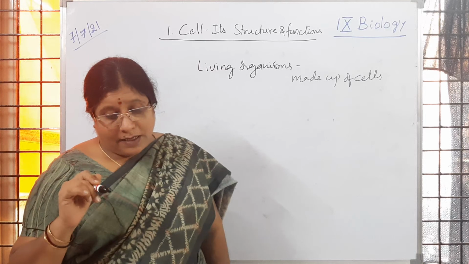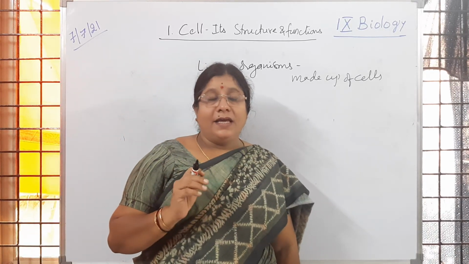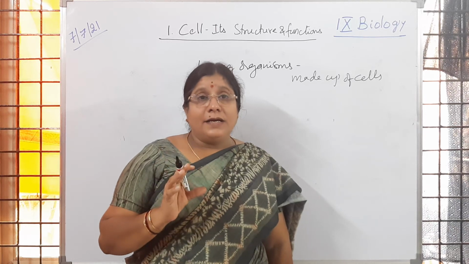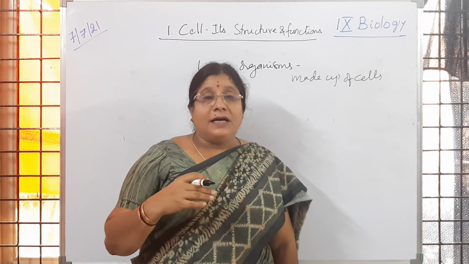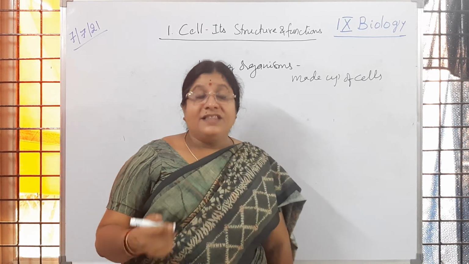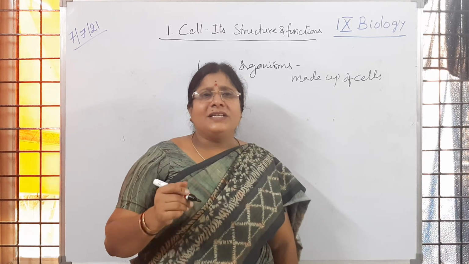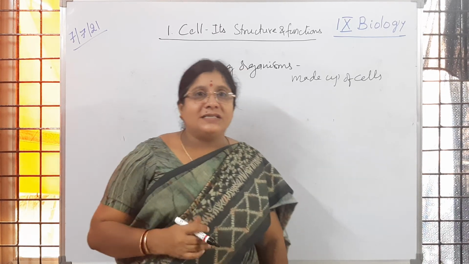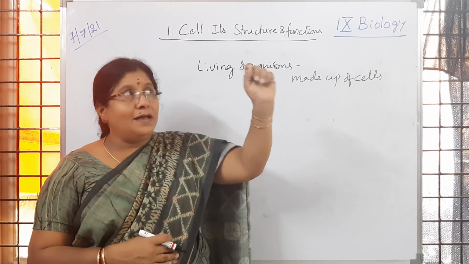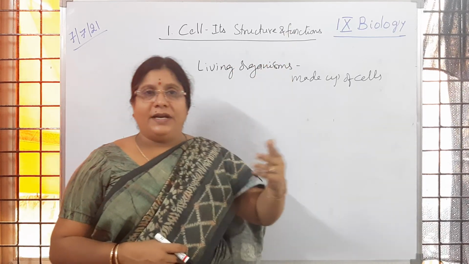Then the next two scientists, they observed some other points in the field of biology, and they framed a theory. Okay, cell theory. Is it clear to you? So cell theory, what it is going to make you understand, starting from the invention of the different parts which we read.